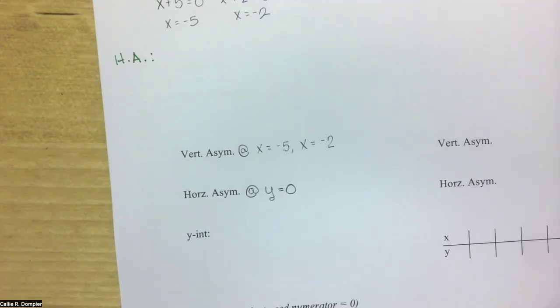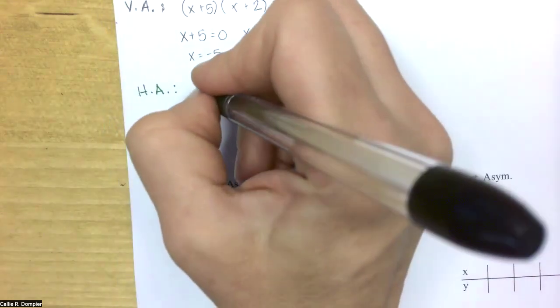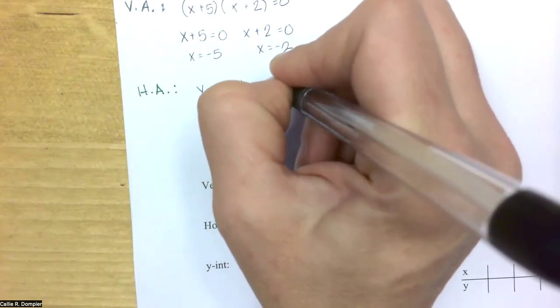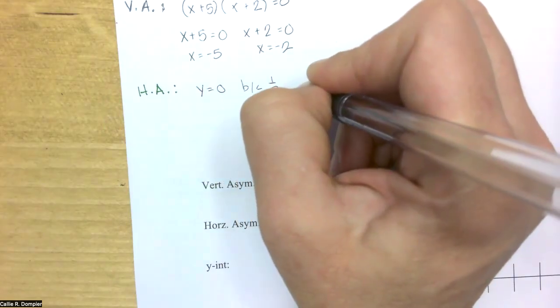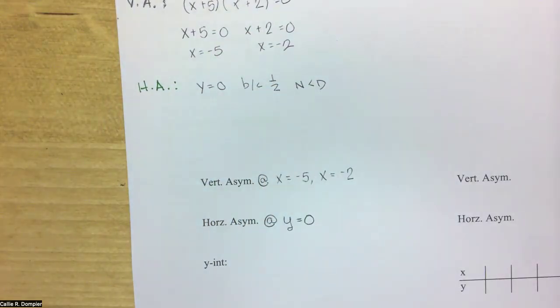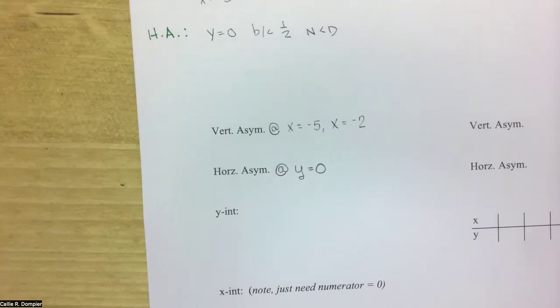And then they ask us to find the y-intercept, because 1 over 2 was the numerator less than the denominator rule. The y-intercept could be helpful. So for the y-intercept, you're just going to take all of your x's and make them 0, right?